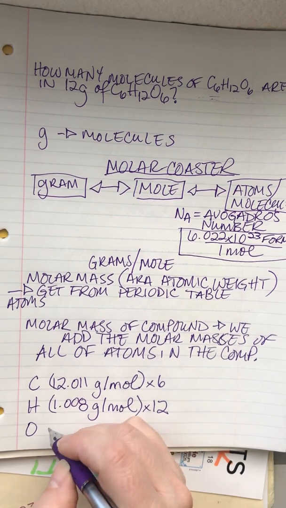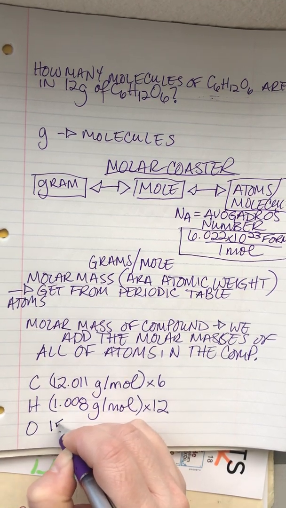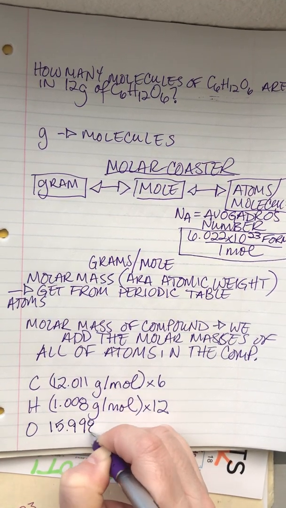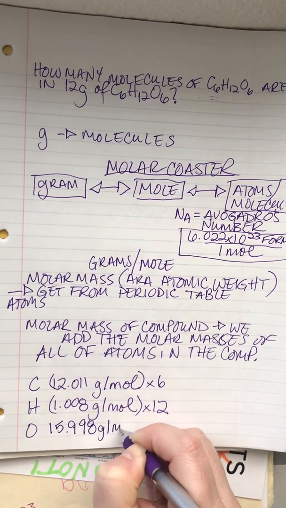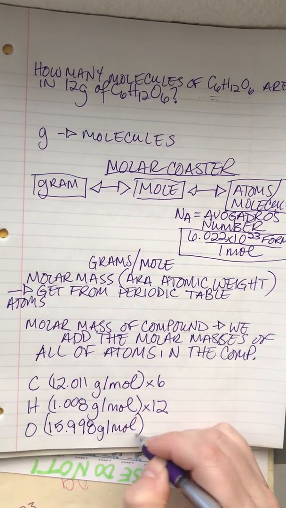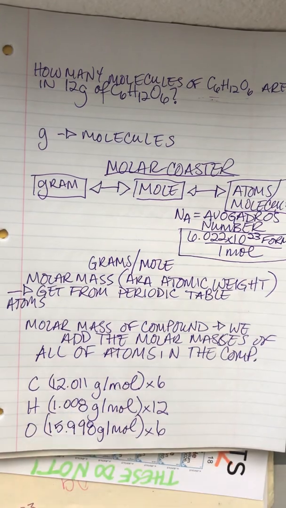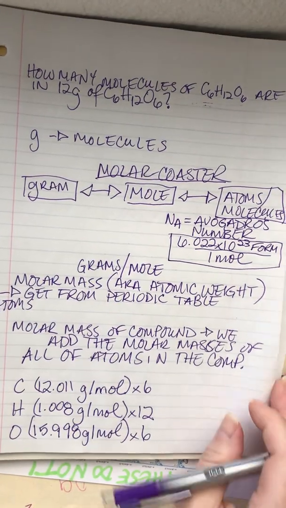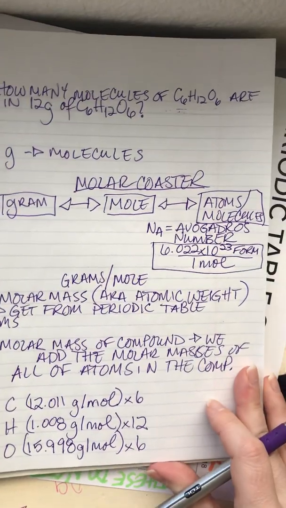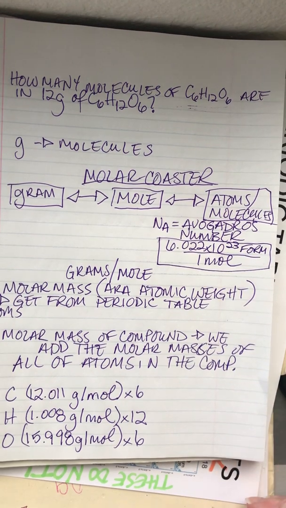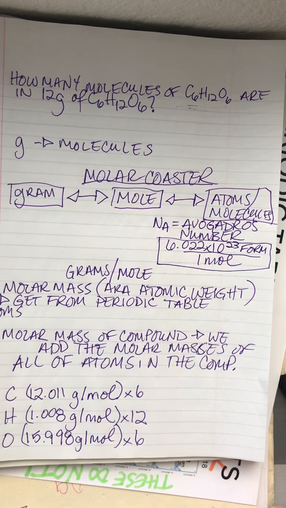And lastly, we have oxygen, which has a molar mass of 15.998 grams per mole. And we know there's 6 of them. You guys are going to have to be my calculators because I don't have a calculator handy right now.